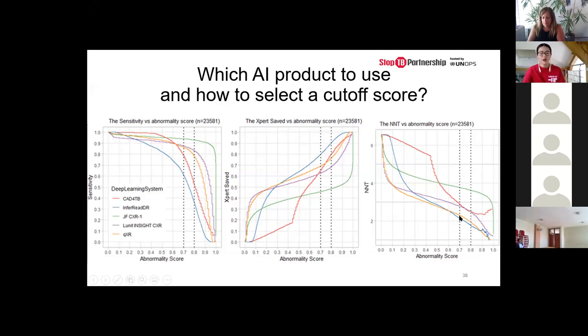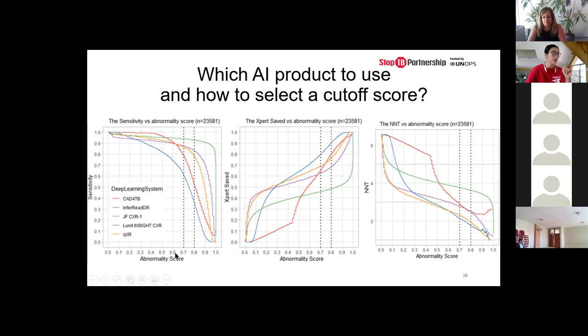As you go to a higher abnormality score, a higher cutoff score, it makes sense that you're more selective with people who are more likely to have TB, and the number needed to test by GeneXpert is reduced to find one case. So the sensitivity, as I explained: if you test everyone regardless of any triage results, then your sensitivity obviously is 100%, because you'll find all the cases in the hypothetical situation.